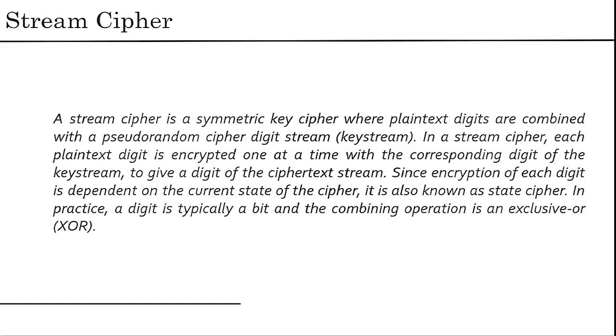So the main difference between stream cipher and block cipher is that in block cipher we use fixed size equal blocks for encryption and decryption, but in stream cipher each digit is being encrypted and decrypted individually, just like when we previously talked about Caesar cipher. Caesar cipher is an example of a stream cipher where each letter in the plain text gets encrypted by its corresponding cipher to produce a cipher text.